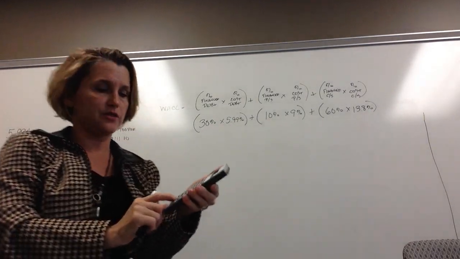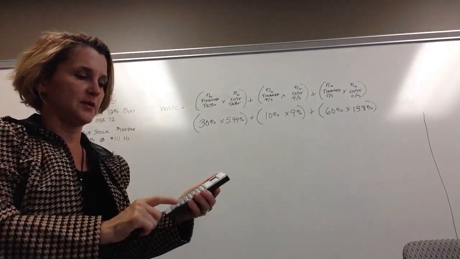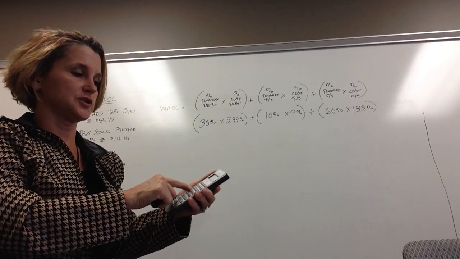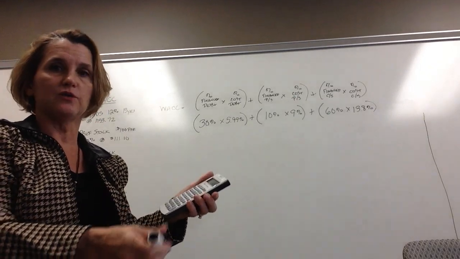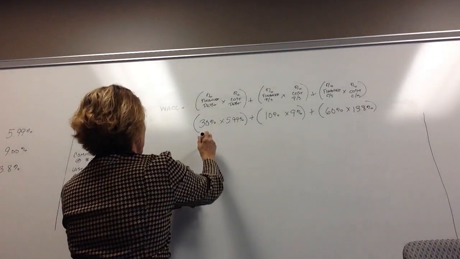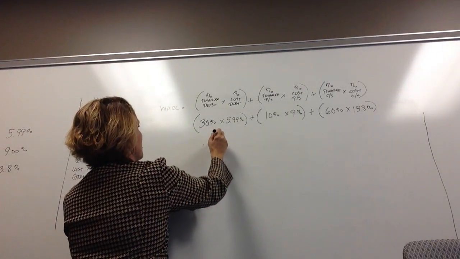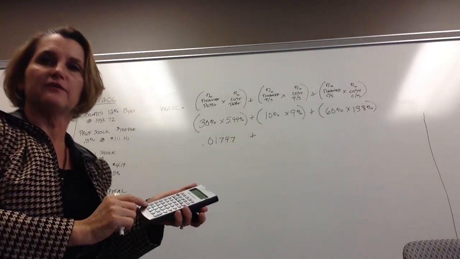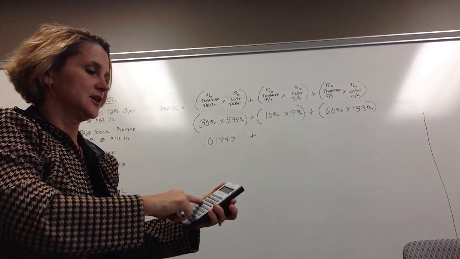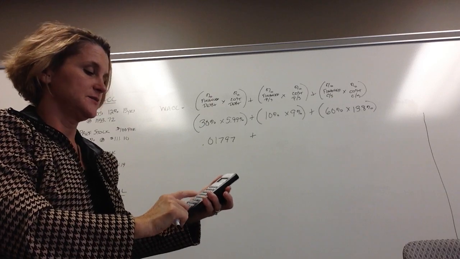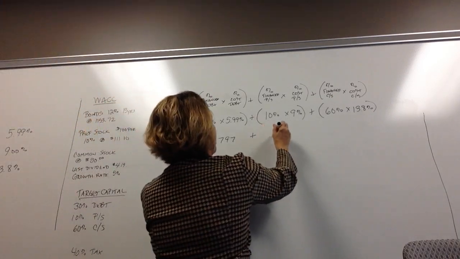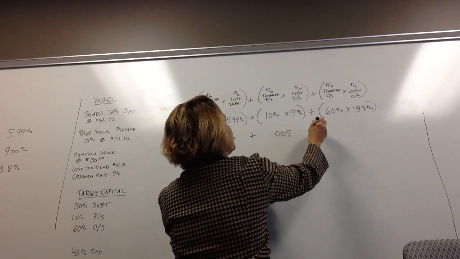So I would type in 30, I push the percent button, then times 5.99, push the percent button, and then push equals, and then it gives it to me in decimals. So it's 0.01797. Then I do the same thing for the next one. So 10, push the percent button, times 9, push the percent button, and then push equals, and that's 0.009.